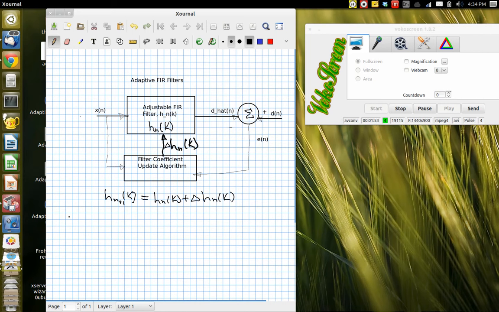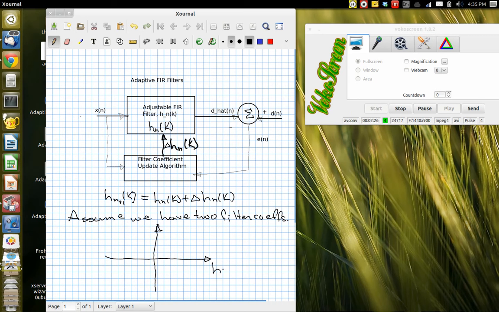Well, let's look at the case for two coefficients. And that's because I can only draw two very easily here in 2 dimensions. Let me draw a graph of those.